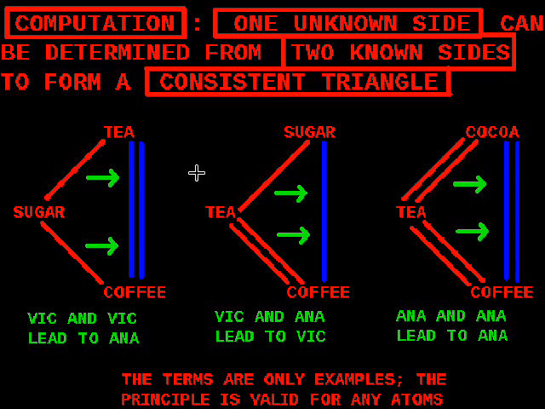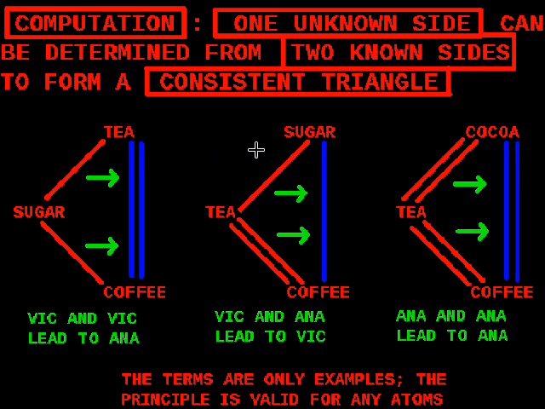So for instance, to show a few examples, if you know that you can have tea with sugar and coffee with sugar, then you can conclude from that you can have either tea or coffee, but not both. So two weak connections can be used to determine one ana connection. And you can say that this ana connection really determines also those other two, and they determine it. It is a form of coexistence.